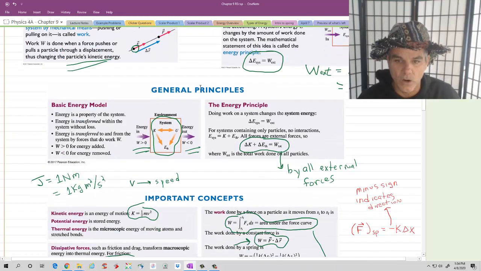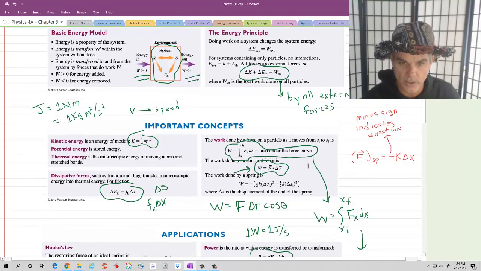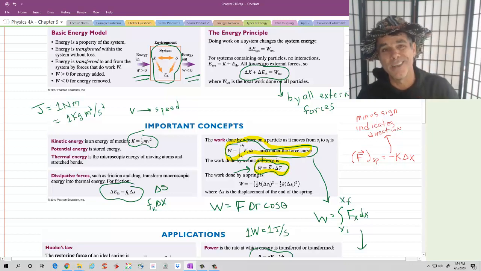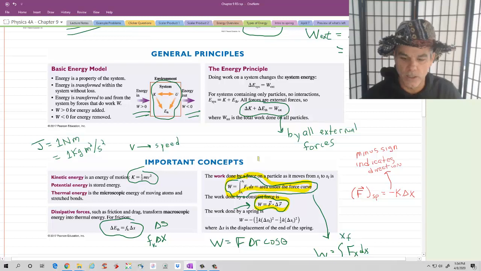I can always use this equation for work, the integral of Fx dx. But if the work is done by a force which is constant, then I can do the dot product of F dot delta R. The work done on a system results in the total energy of the system changing.